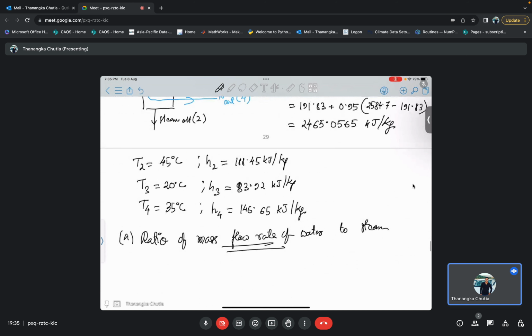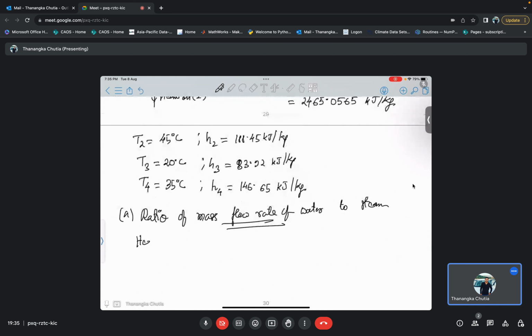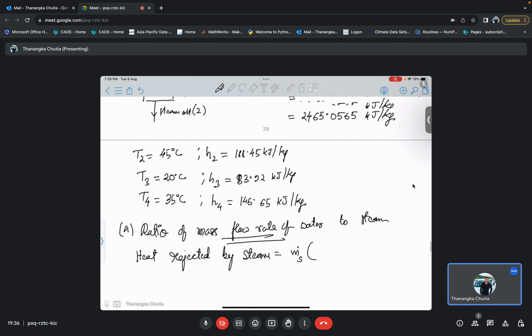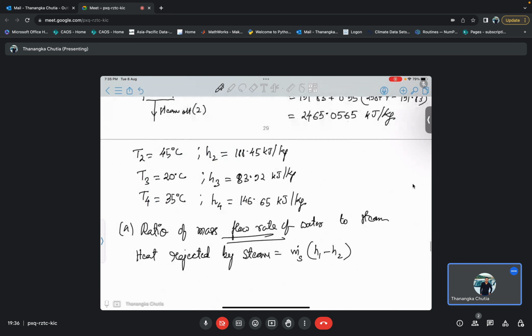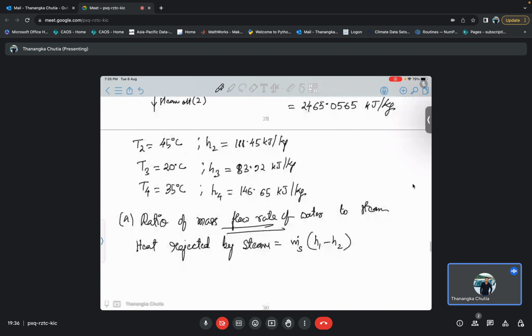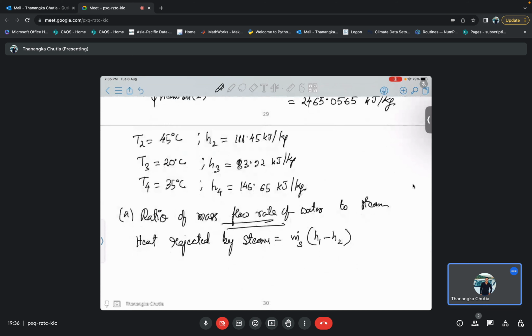So what we can write is that heat rejected by steam is equal to mass flow rate of the steam times H1 minus H2. Correct, no? Because whatever enthalpy it had at the entry, it will lose some enthalpy, and that is resulting in rejection of the heat.